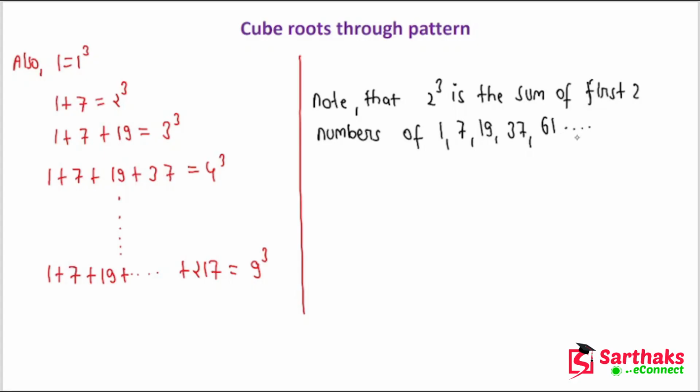After 61 you will get 91, and similarly you can calculate them, right? The number of times we subtract these numbers from the cube will give the cube root.